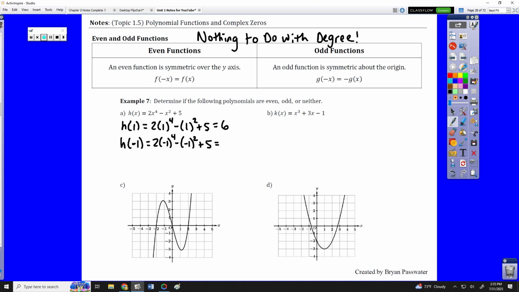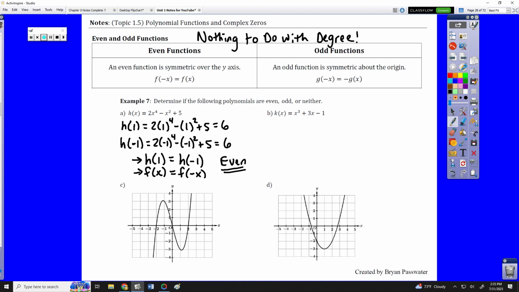That is still 6. So in this case, we see that h of 1 is equal to h of negative 1. What does that mean? That means that f of x is equal to f of negative x. That, where they're the same output value, tells us that h is even.